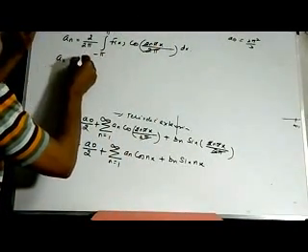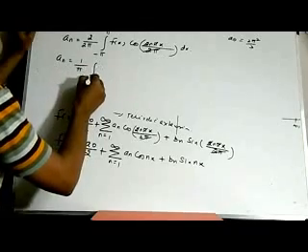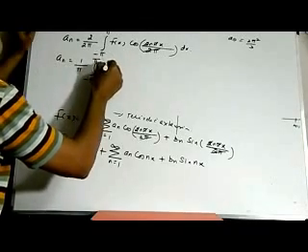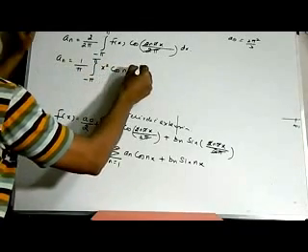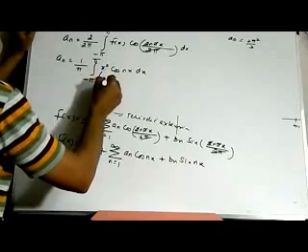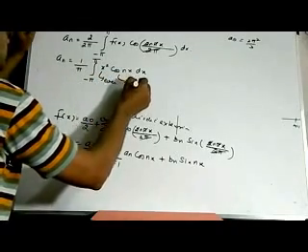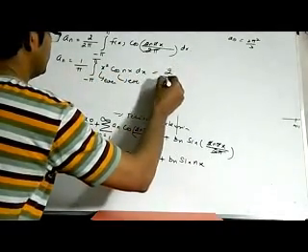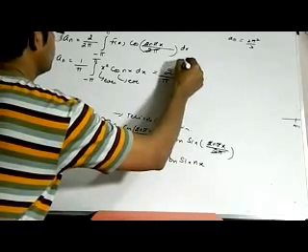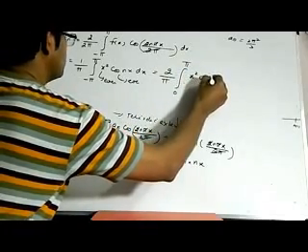So an will be equal to 1 by π, f(x) is x square, cos nx dx. It is even, it is even, so the net result is even. So 2 by π, 0 to π, x square into cos nx dx.